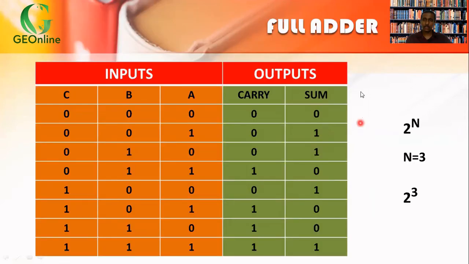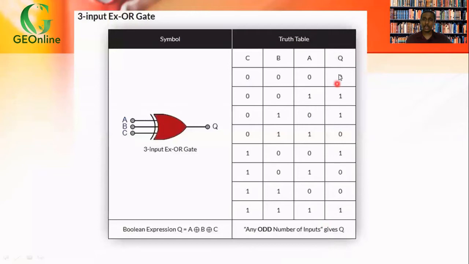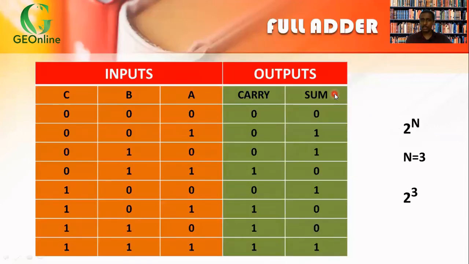When we consider the output of the sum of the full adder, 0 1 1 0 1 0 0 1, and the output of the 3 input XOR gate, 0 1 1 0 1 0 0 1, both are equal. So for sum we can use a 3 input XOR gate.